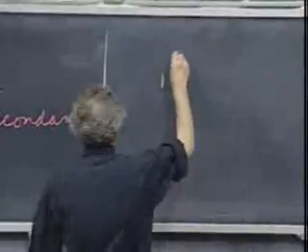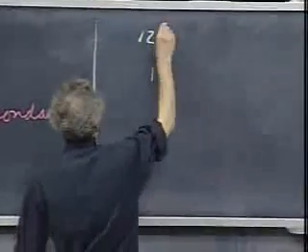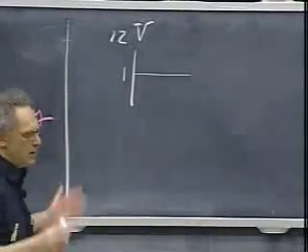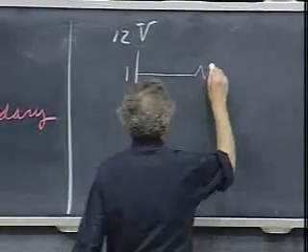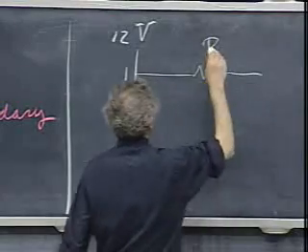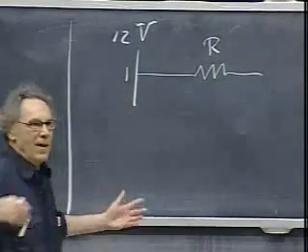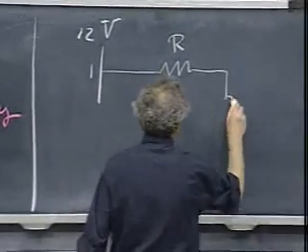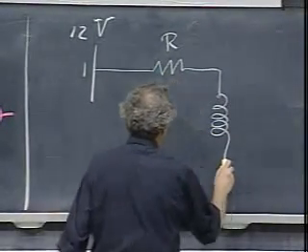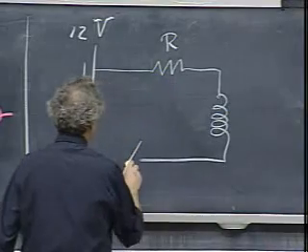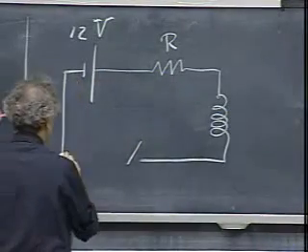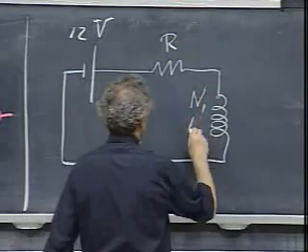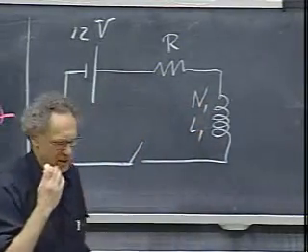So here is my 12-volt battery. There's always some resistance, of course, in the circuit. If you have a coil, you always have some finite resistance. And then here is a coil, and here is a switch. And this has N1 windings, has a certain self-inductance, the same situation that we had before.